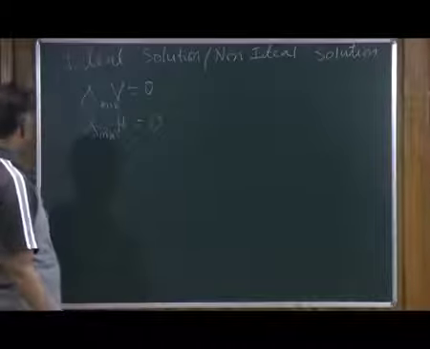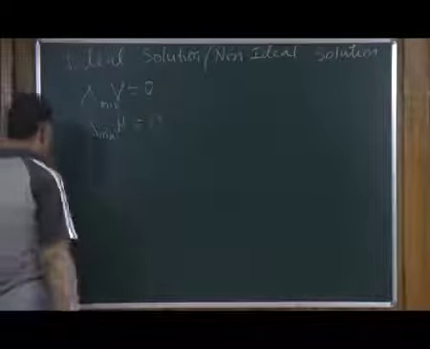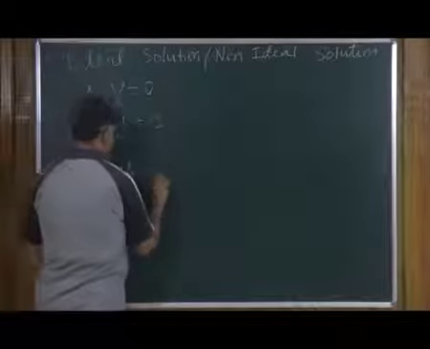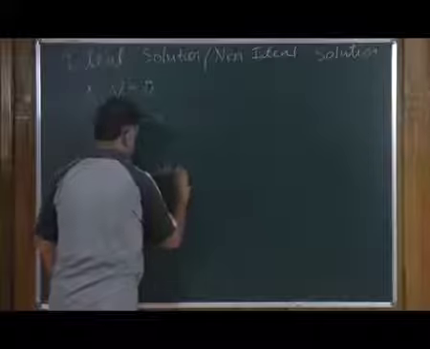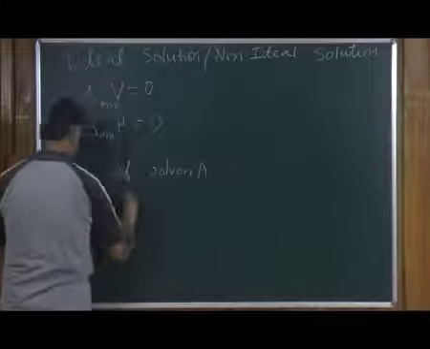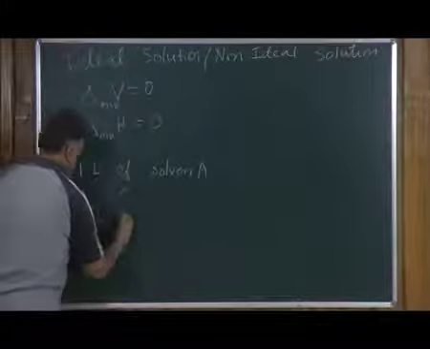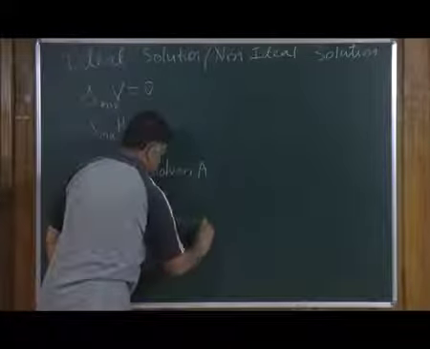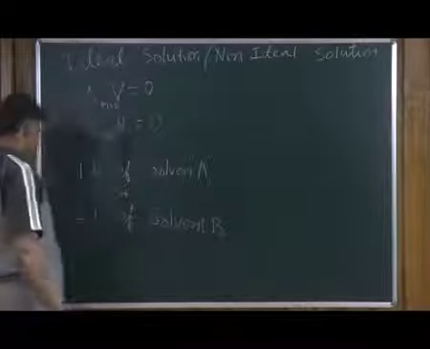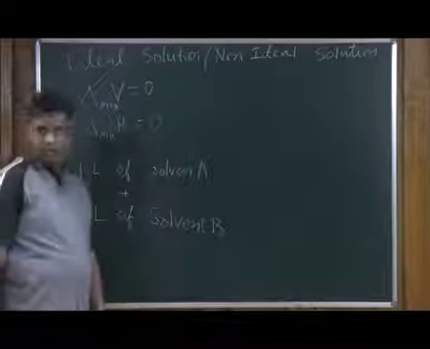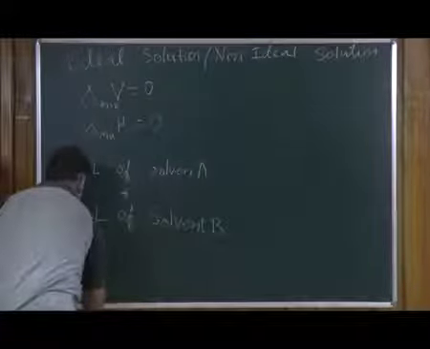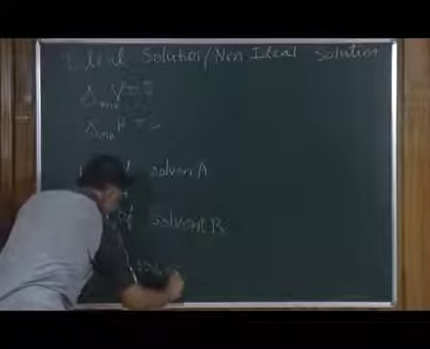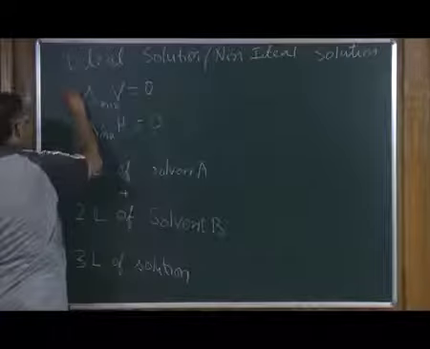So, let us assume I mix 1 liter of solvent A plus 2 liter of solvent B. If the total volume after mixing is 3 liter of solution, then it follows condition 1.